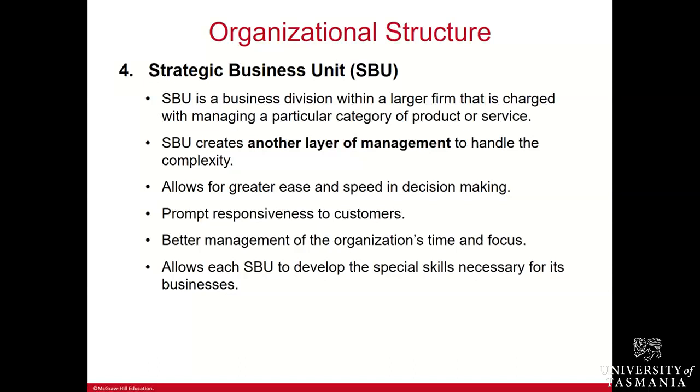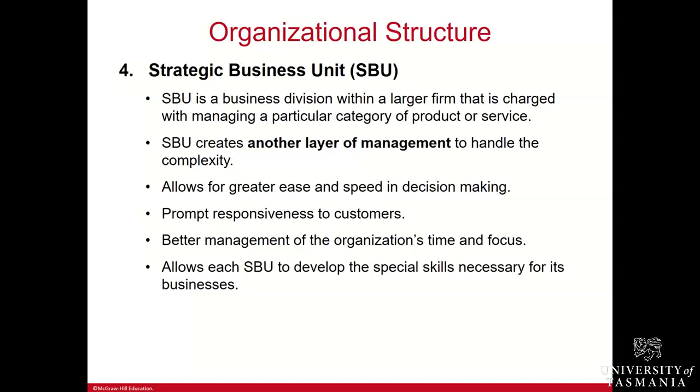What you have seen until now, the layer of management is increasing from simple structure to strategic business unit. In simple structure, we cannot talk about any layer of management because there's only one CEO. And then in functional, yes, we can talk about one layer of management because there's a head and there are departments, most probably departments with a manager.